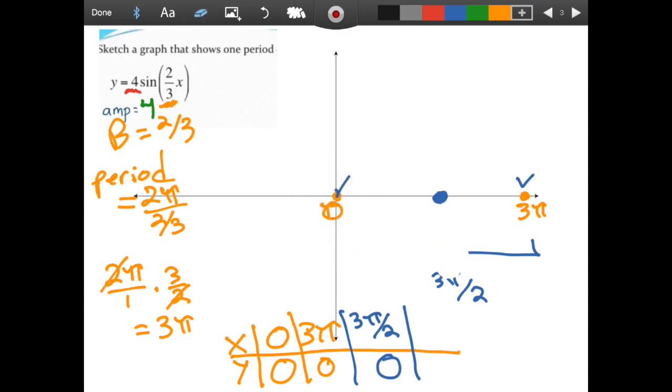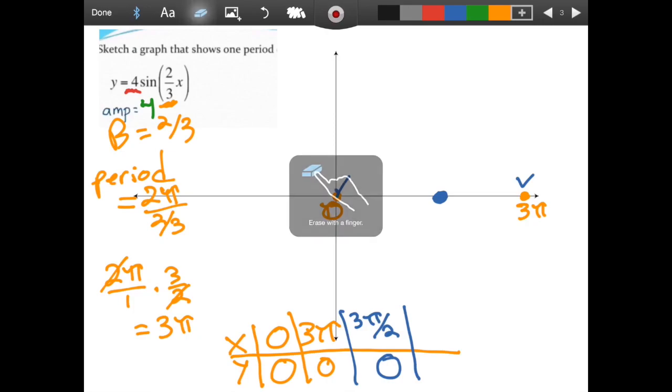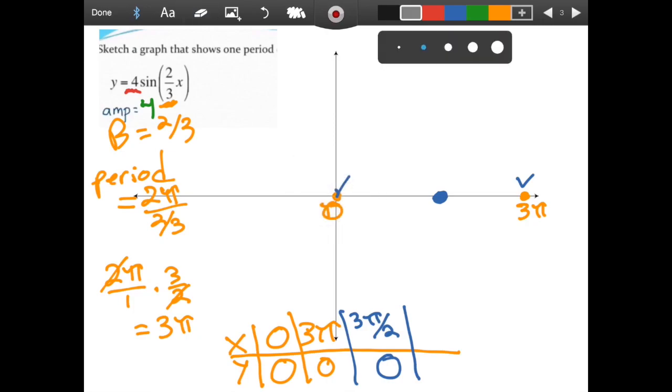And then to get the rest of what we need, this can be a little tricky, but recall that halfway between 0 and 3 pi is kind of the center. So we know that our line should continue to go up. Recall our amplitude is 4. So in between 0 and this halfway point, it's going up to here. And then it should continue down to here.